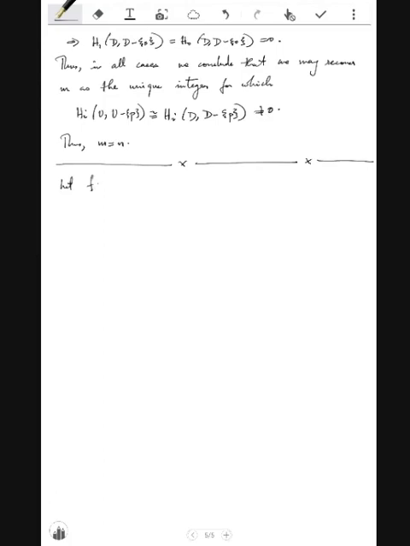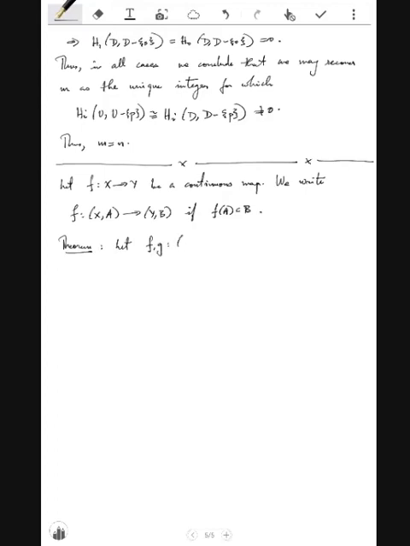So let f from X to Y be a continuous map. We write f is a map of pairs from (X, A) to (Y, B) if f of A is contained inside B. And the next theorem we want to prove is: let f and g from (X, A) to (Y, B) be maps of pairs.